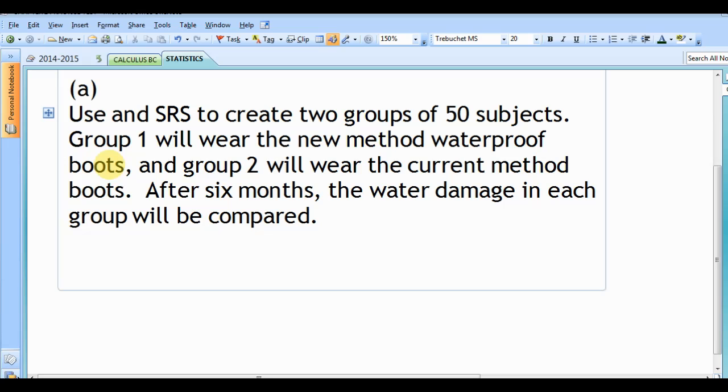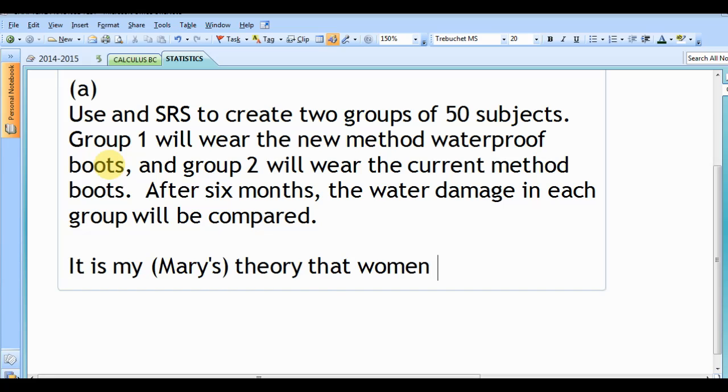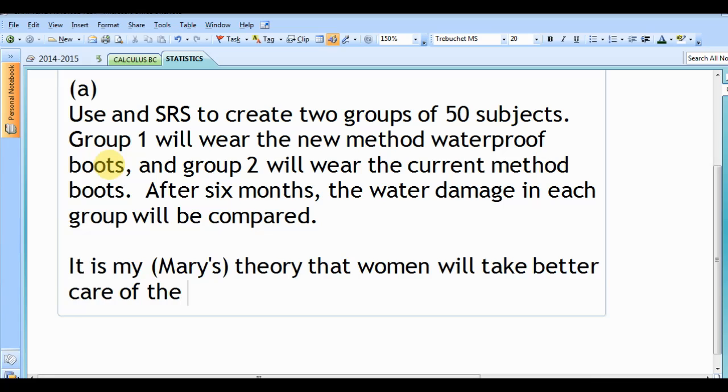Okay, so the assumption is that women will take better care of the boots than men. It's really important that if you describe a blocking design, you say what you're blocking by and why you're blocking by that variable.